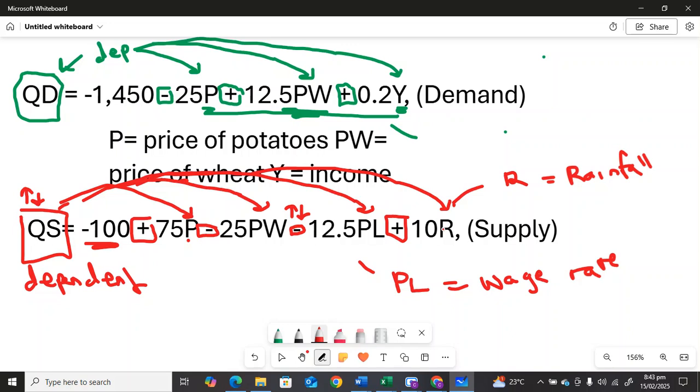So always remember the variable before the equal sign, like we have QD and QS, is the dependent variable. Then the variables after the equal sign are the independent variables. They are the ones that have an effect and an impact on the dependent variable.